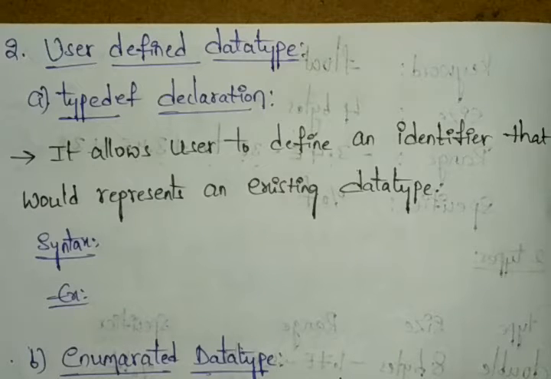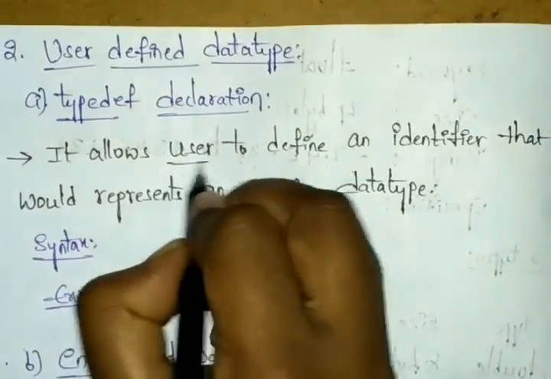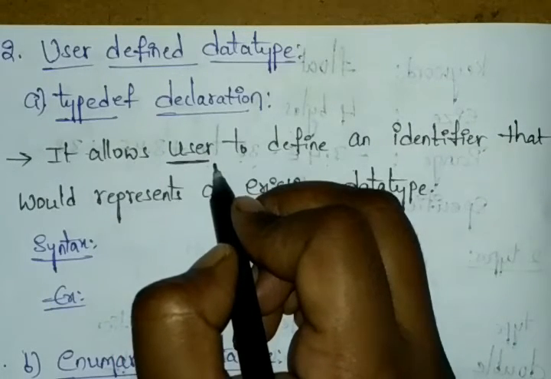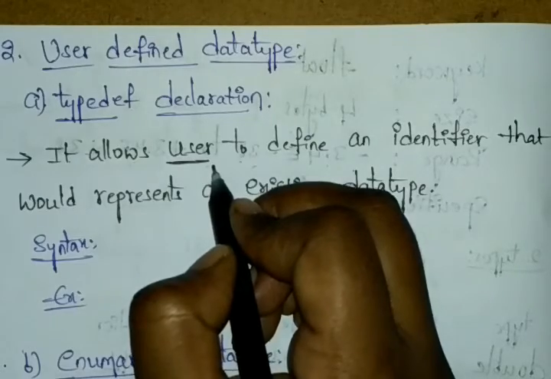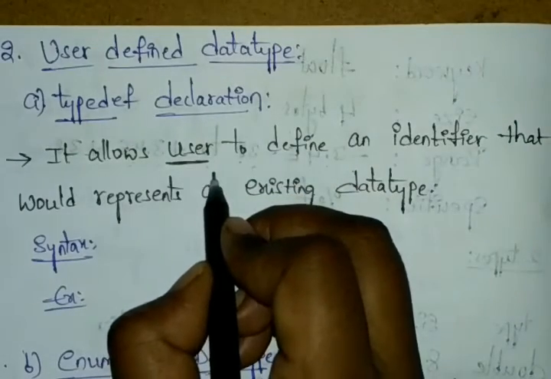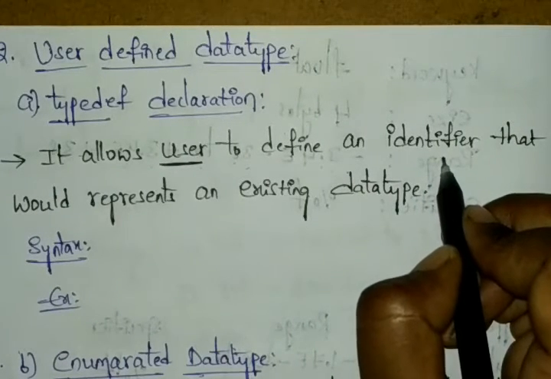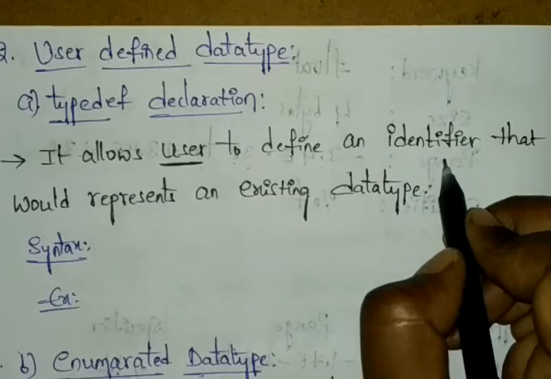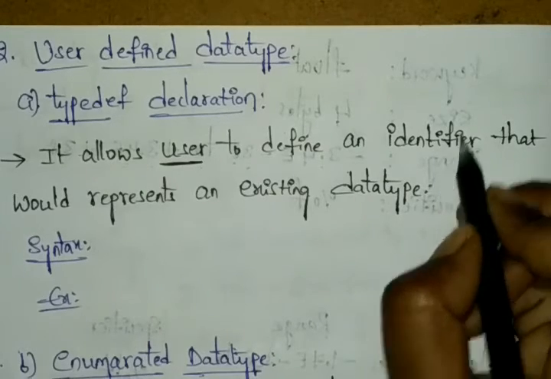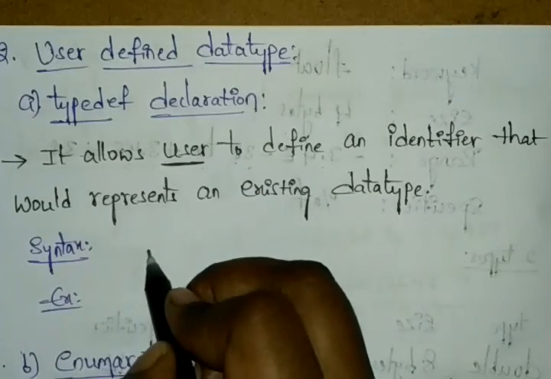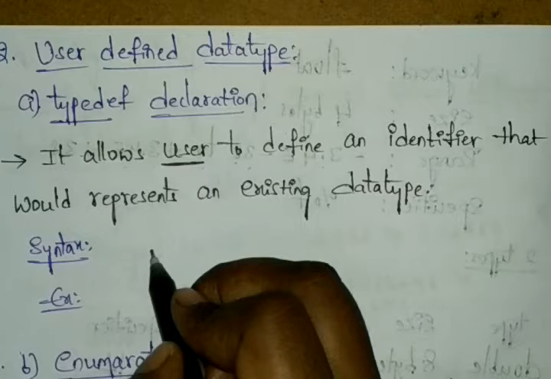This type definition allows the user to define identifiers. Users means those who are writing the program, and they can define the identifiers. Whatever you are writing, variables, constants or strings, anything, can be represented using an existing data type in the type definition declaration.